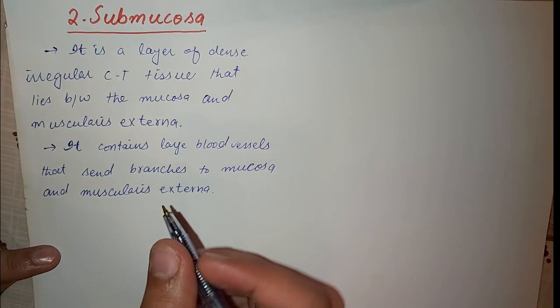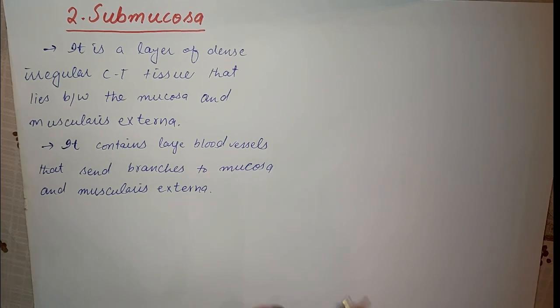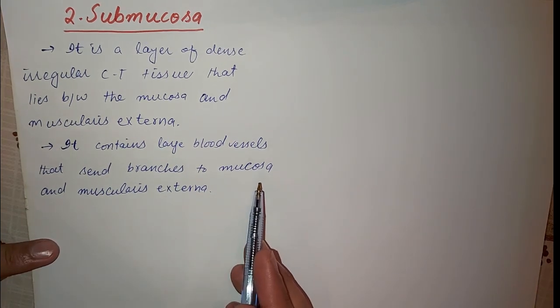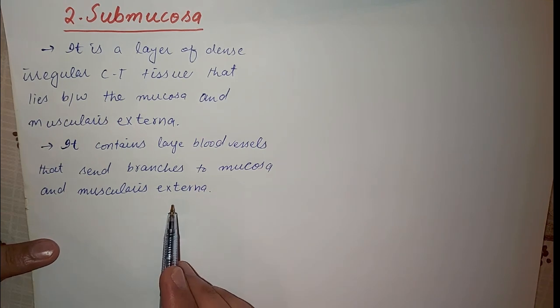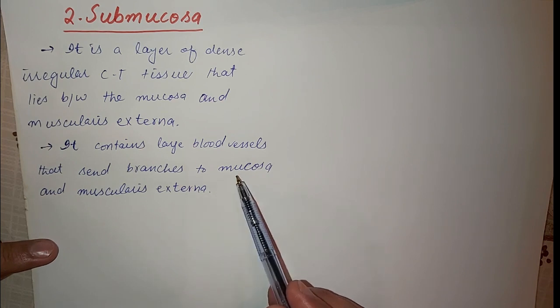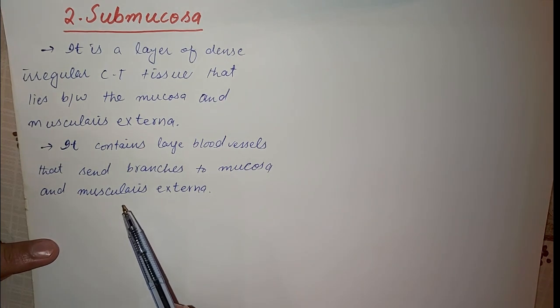Submucosa contains large blood vessels that send branches to the mucosa and the muscularis externa, because submucosa is present between the mucosa and the muscularis externa.